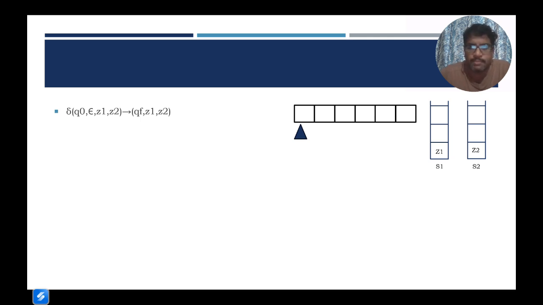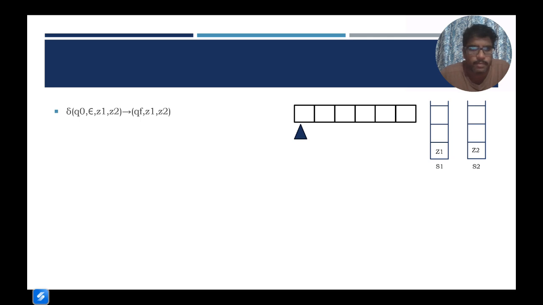By reading epsilon, it reaches the final state, with no pushing or popping operations done here, so it stays as Z1, Z2. In finite automata, by reading epsilon, it directly reaches the final state. In a similar way, here also it reaches the final state.